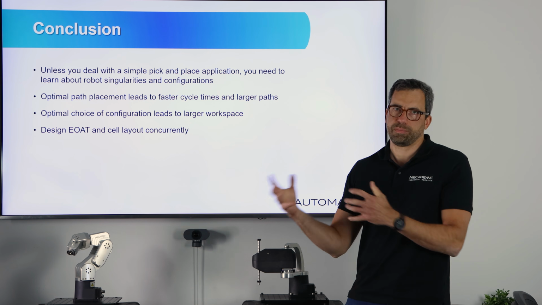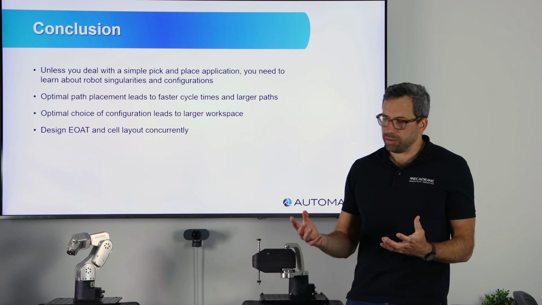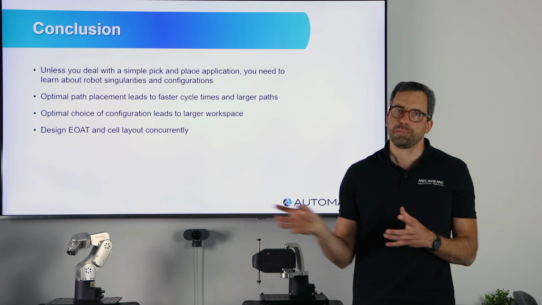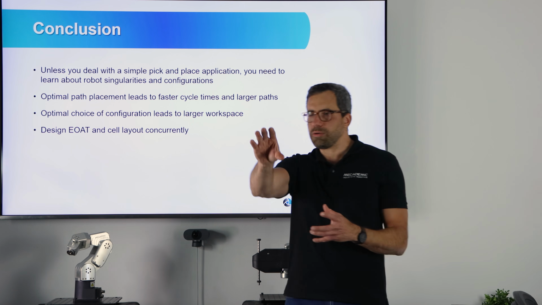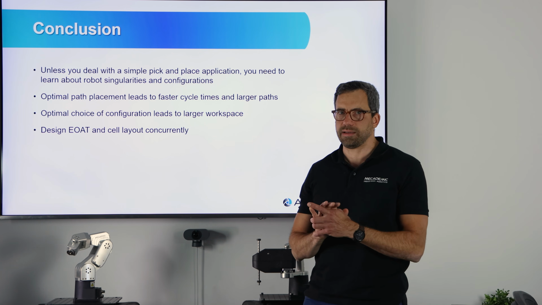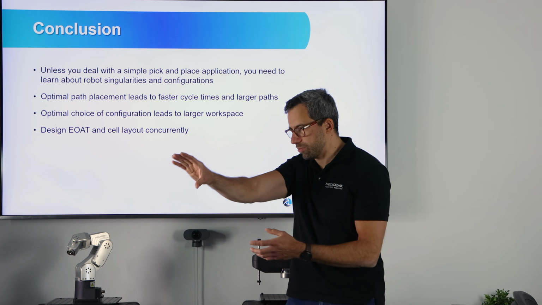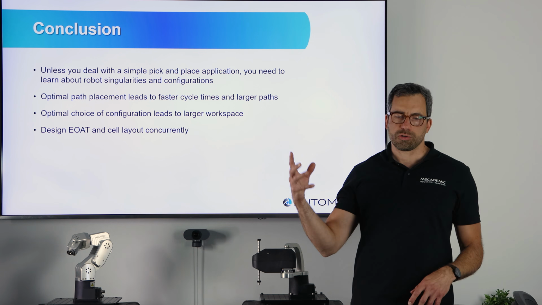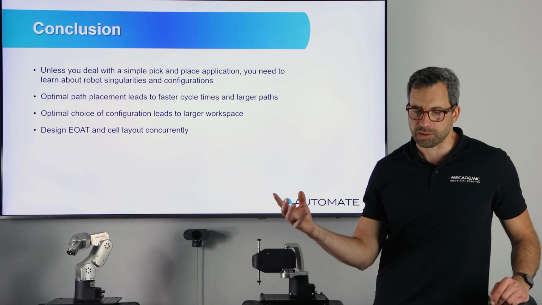Mecademic, do you have a bigger robot? No, we don't. But maybe if you just redesign your cell, then you will be able to do this task. Oh, I want to do a very, very long motion for my virtual reality test. Well, no problem. You just cross a singularity, and then you will be able to do a very long motion. You don't need to buy a bigger robot.